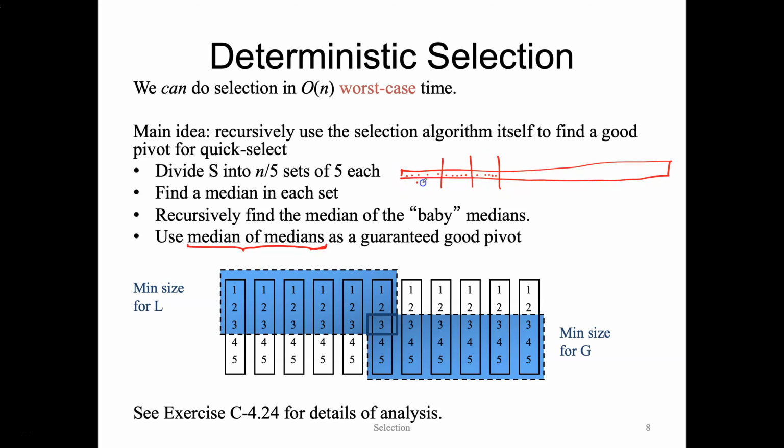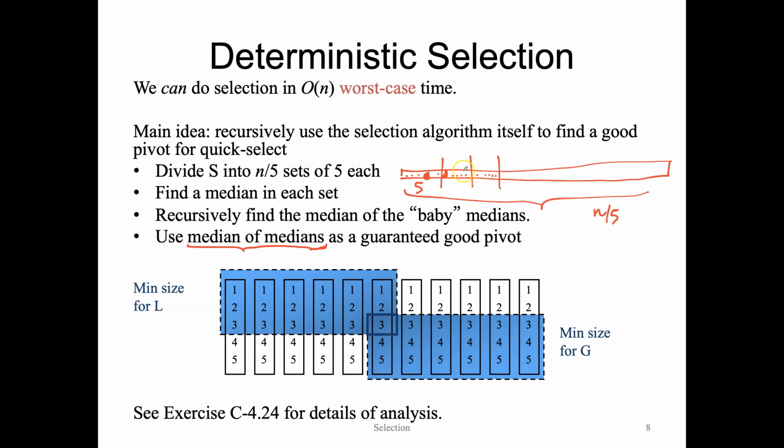Each list will have 5 elements in it, and we'll have a total of n over 5 lists to work with. And for each of these smaller lists, we're going to find a median in that small set. This is just a constant number of comparisons for each small list, and we've got n over 5 of them, to figure out which among them is the median. That would be the third smallest element in this list of 5.